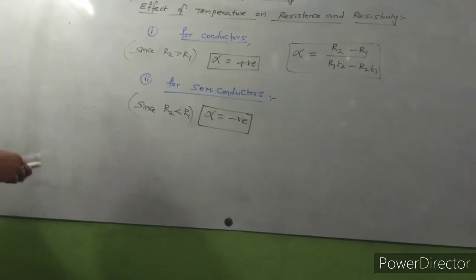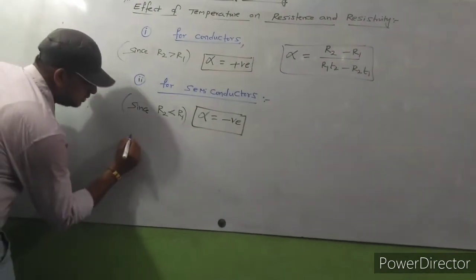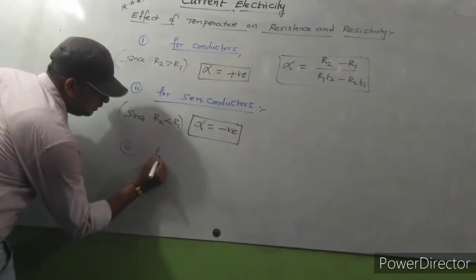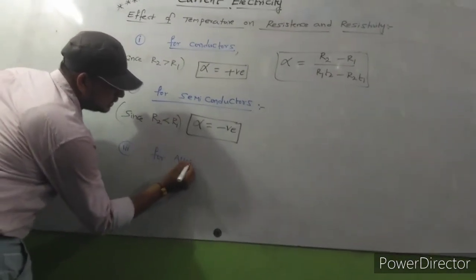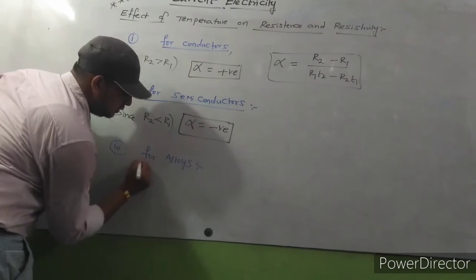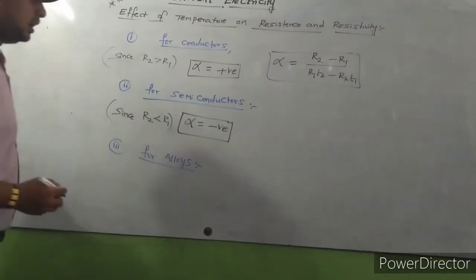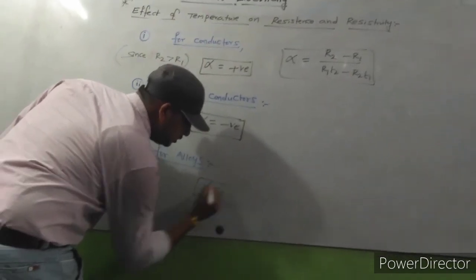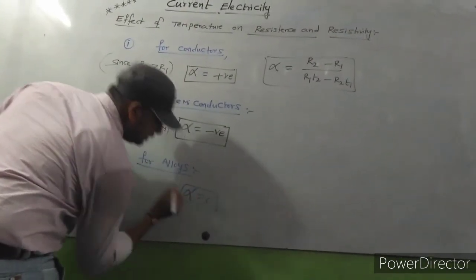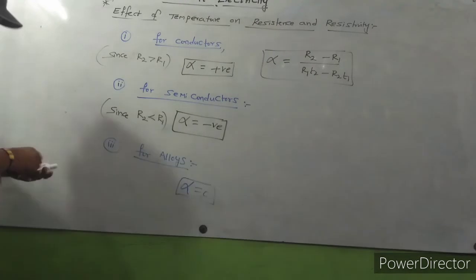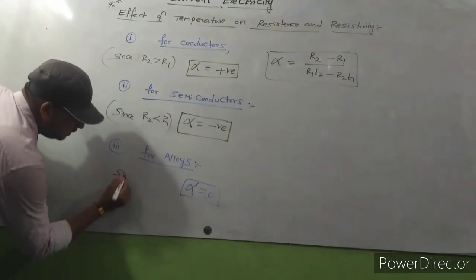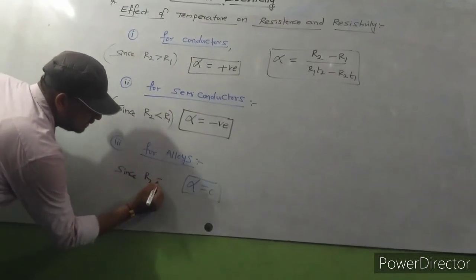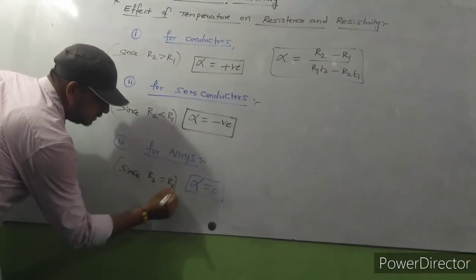For alloys, alpha value is 0, since R2 is equal to R1.